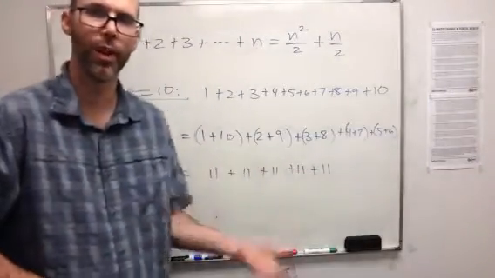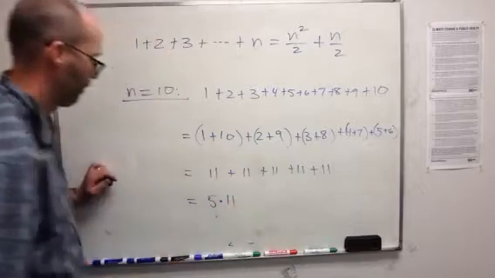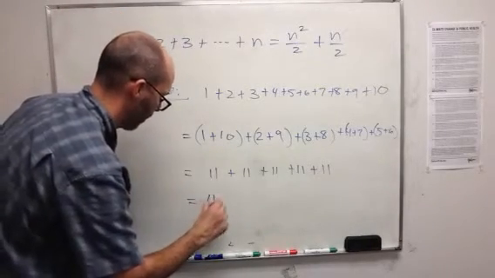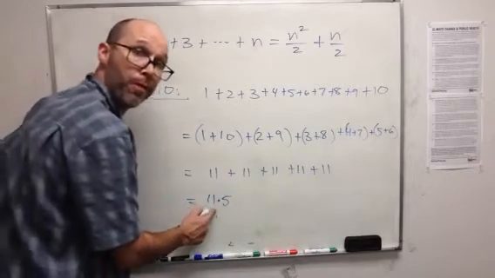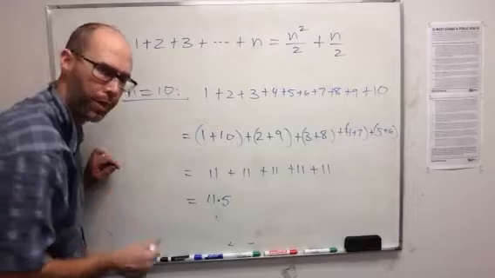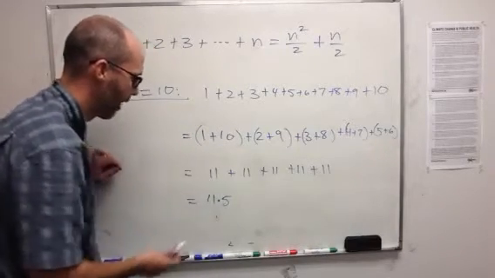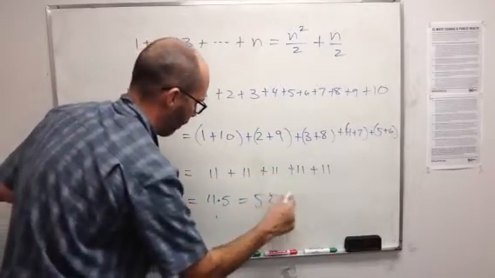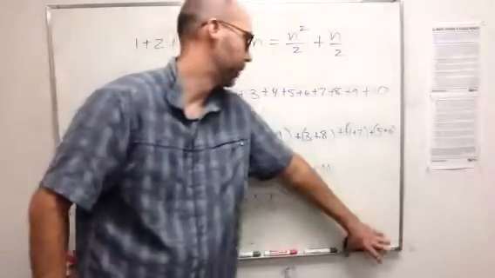This is 5 times 11, or 11 times 5, but that's the same. The definition of multiplication is repeated addition, so 11 times 5 is 11 added to itself 5 times. We know that's 55. Okay, so I've convinced you that it works for 10.